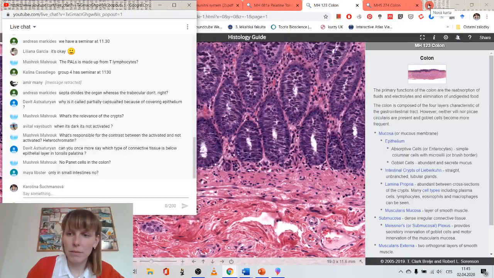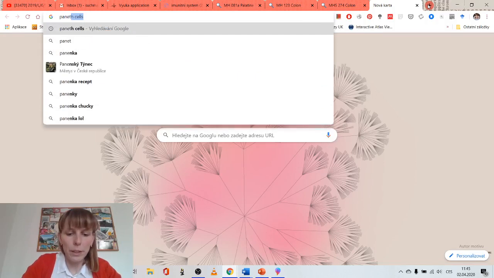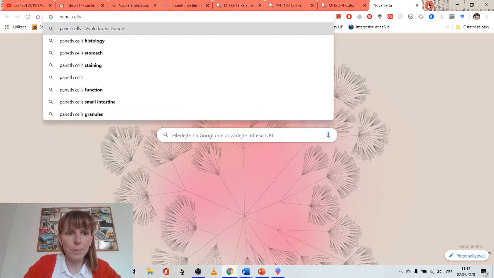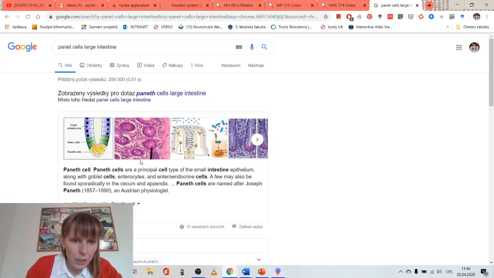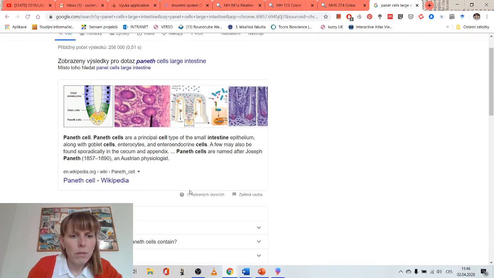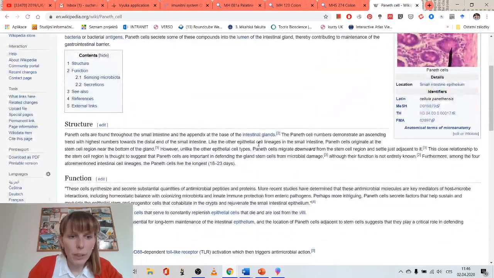Well, now I am confused. Paneth cells, large intestine. I'm sorry, I'm not 100% sure. Oh, so I'm sorry. If we can trust Wikipedia, which we probably can in this case, they are only in the small intestine.